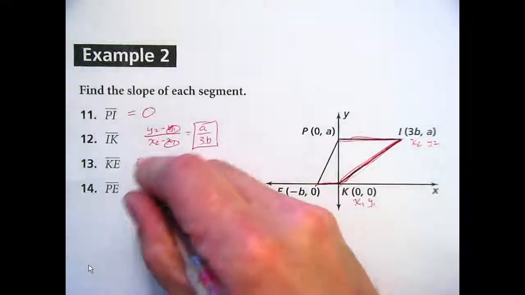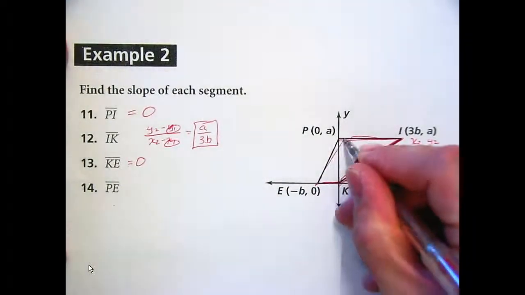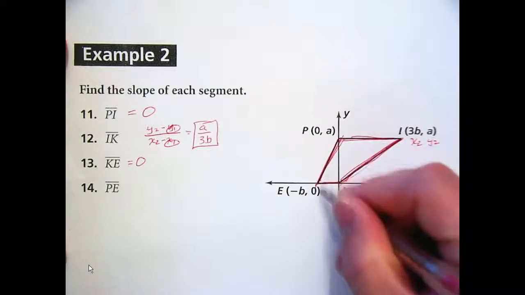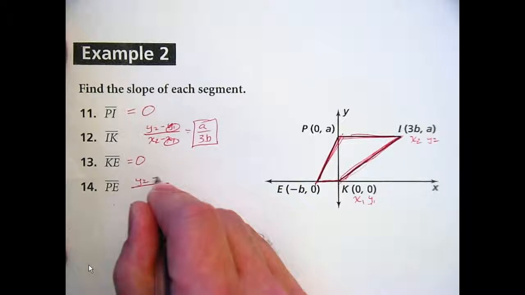It's also 0. Okay? And P to E, do we have positive or negative? Positive.